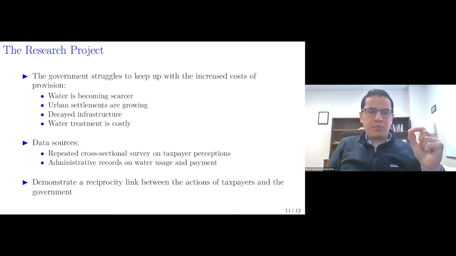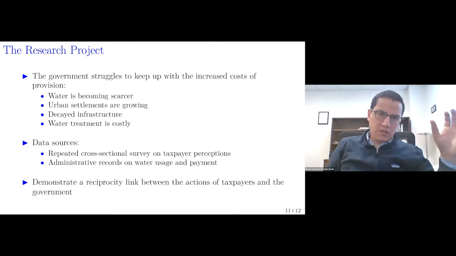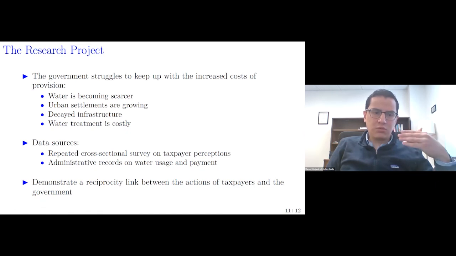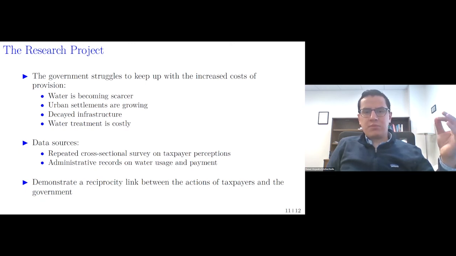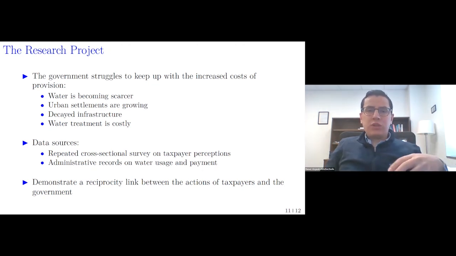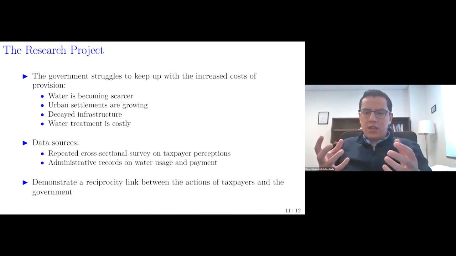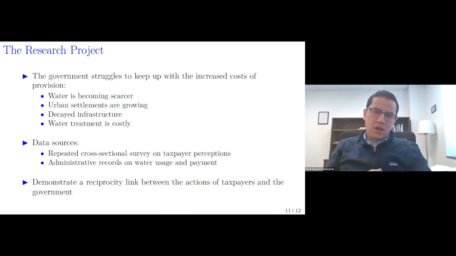To study this reciprocity link and the actions of both the government and taxpayers, we use data from repeated cross-sectional surveys on taxpayer perceptions about water service, together with administrative records on water usage and payment. With this data we seek to quantify the impacts of each of these two agents in Mexico City, and we'll try to use the takeaways from these empirical exercises to inform other policy contexts as well.